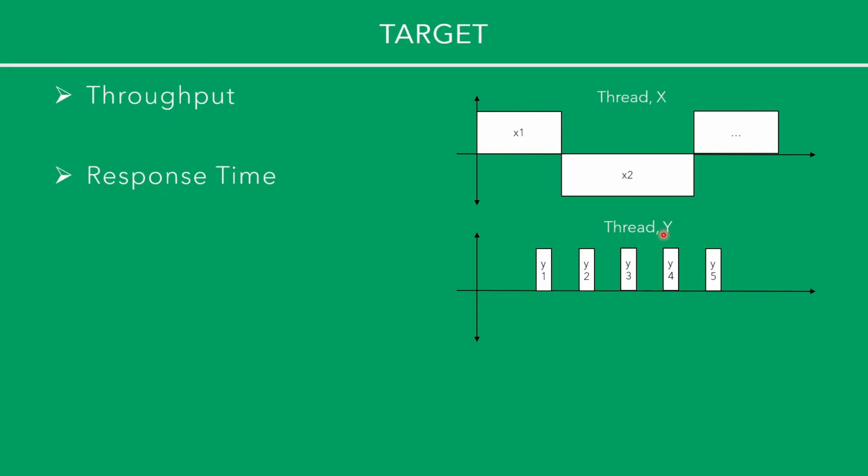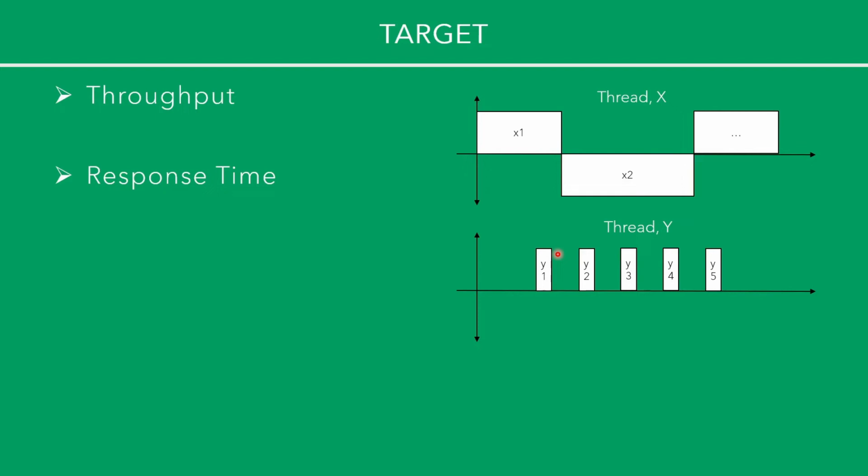Now, consider the other case. For example, thread X is a batch job and thread Y is something related to a transaction-based system, an OLTP kind of system. Maybe it is a UI thread, and the user is waiting for some response back, right? So it has very frequent, short CPU bursts.